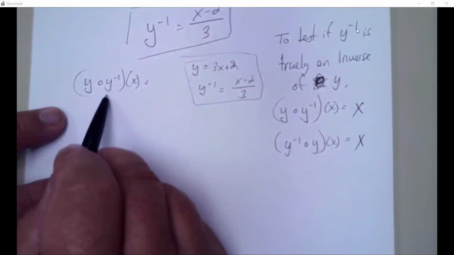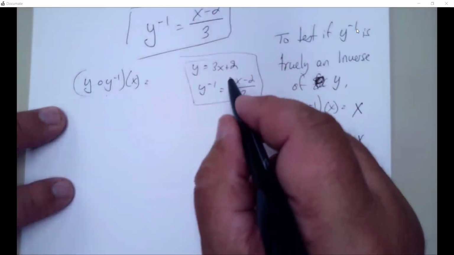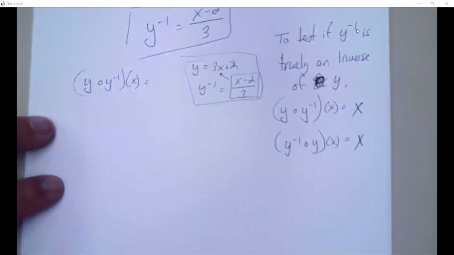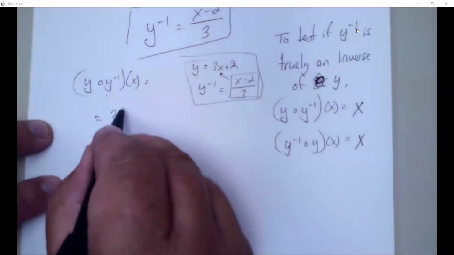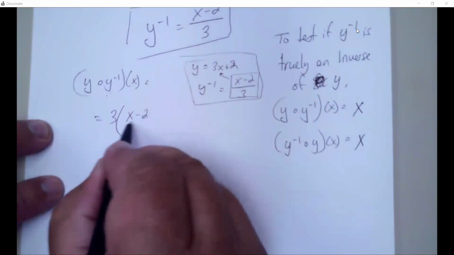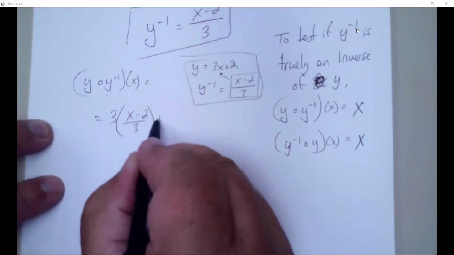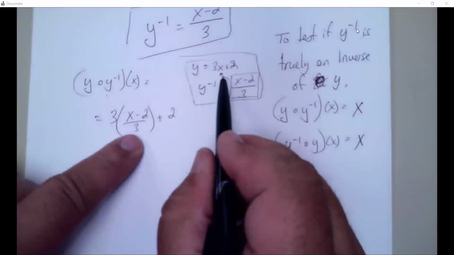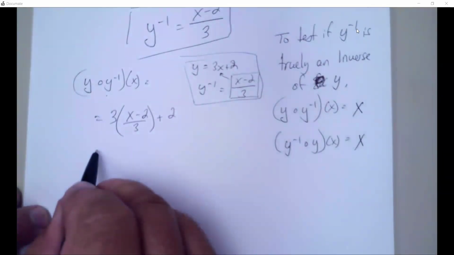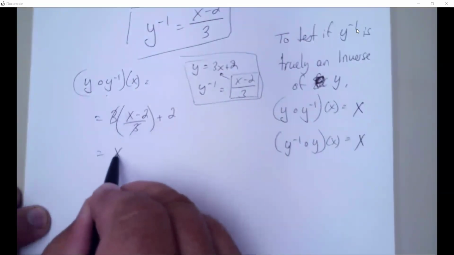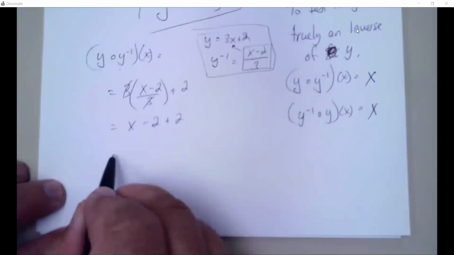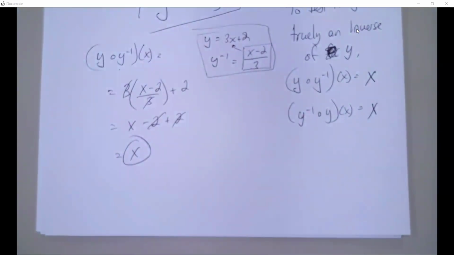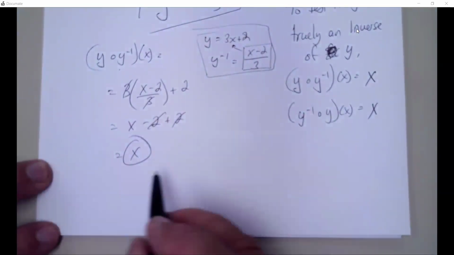So if I was to do this, that first one says I take all of these and put it in place of x. 3 times x minus 2 over 3, 3x plus 2. The 3's cancel. X minus 2 plus 2. The 2's cancel. Check. So that's the first thing I check.